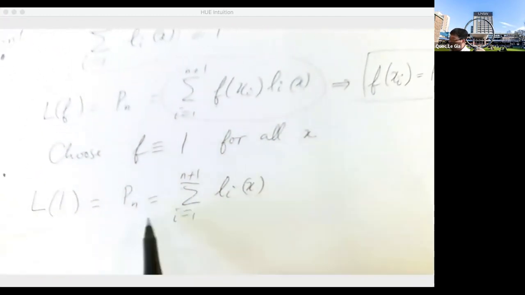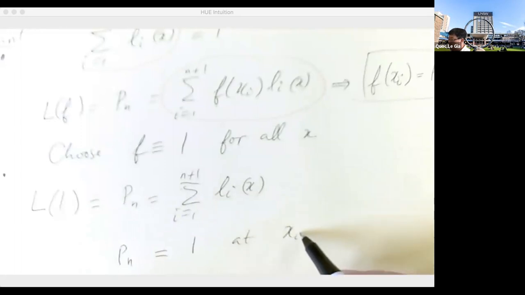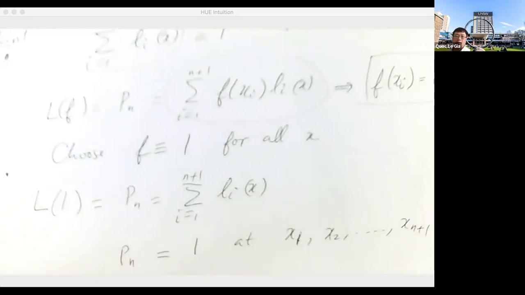When you choose f equal 1, you just have the interpolation condition. So you know that Pn will equal 1 at xi, i from 1 to n plus 1.